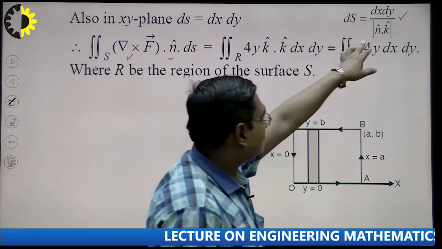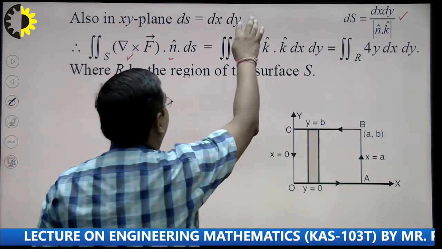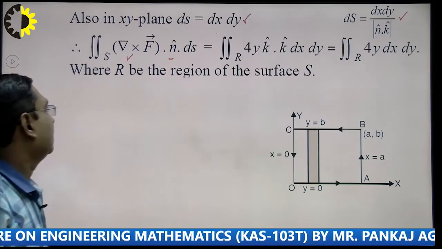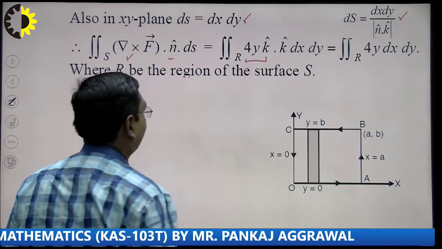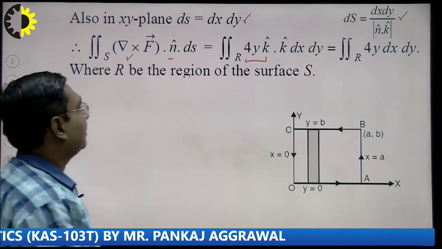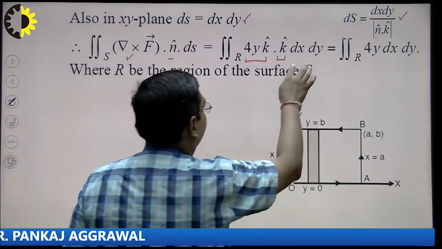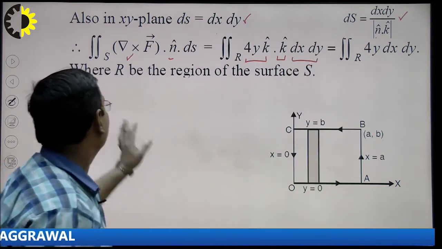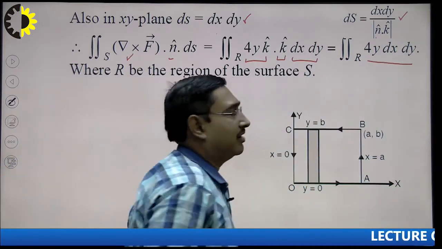So, this quantity n cap dot k cap will be 1 and ds will become dx dy. So, this del cross f was 4y k cap, this n cap is vector k cap and ds becomes dx dy. So, this integral reduces to 4y dx dy.